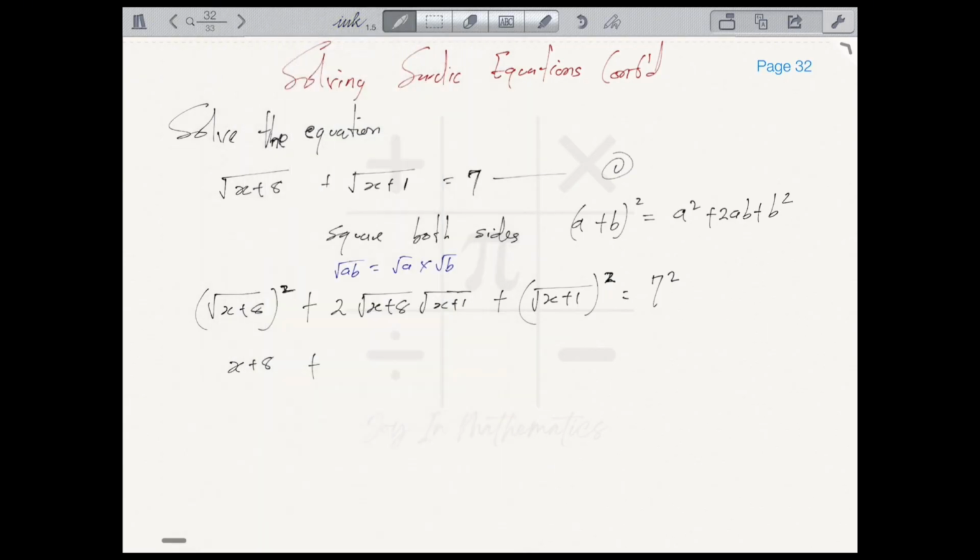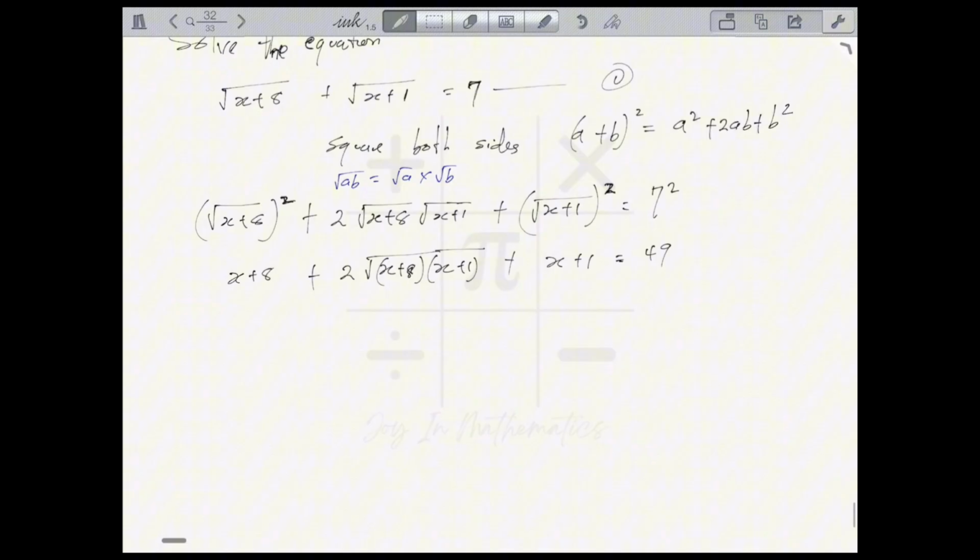So therefore this can be reduced further to 2 square root of x plus 8 multiplied by x plus 1, plus x plus 1, which is equals to 7 squared, and 7 squared is what? 49. So we have 2 square root of x plus 8 times x plus 1, plus x plus 8, plus x plus 1. We'll bring these together, and this will give us 2x plus 9, which is equals to 49.